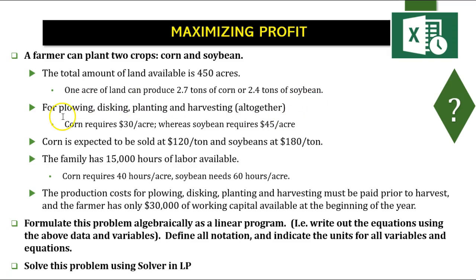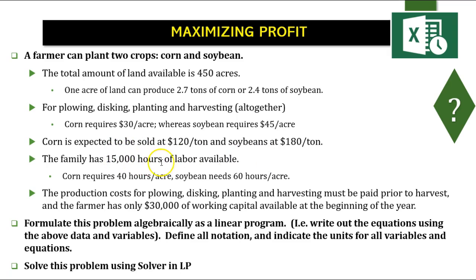We also have the variable cost from plowing, disking, planting, and harvesting an acre in terms of the cost for corn and the cost for soybeans. We also have the expected price for each crop in dollars per ton.